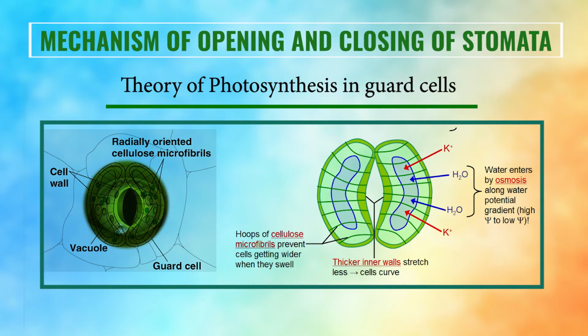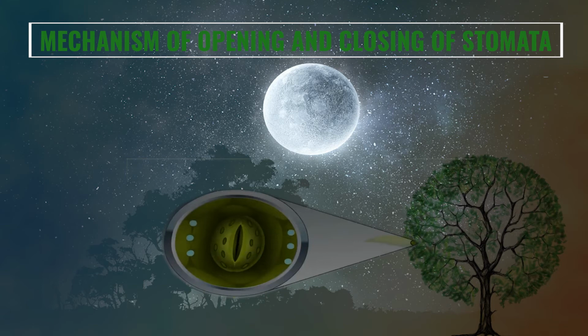As a result, the guard cell becomes turgid and the stomata open up. At night, since photosynthesis is not occurring, no photosynthates are produced, so cells get flaccid as they fail to draw water from the surrounding cells.